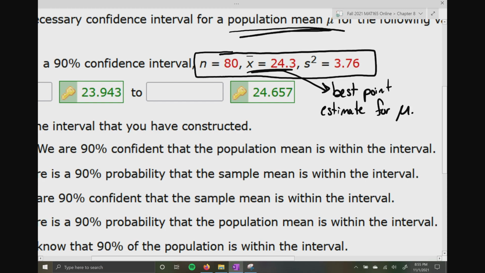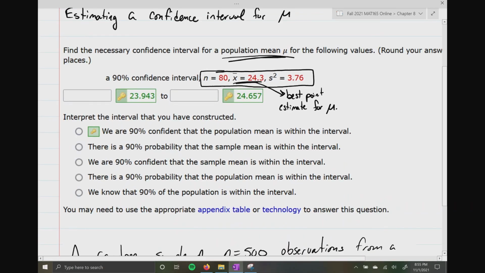for mu. Okay? So I know for this problem, no matter what, even if they didn't tell me to construct a confidence interval, if these words were not here and all they said was find a necessary confidence interval for the following values, I instantly know I'm going to find a confidence interval to estimate the population parameter mu. And how do I know that?